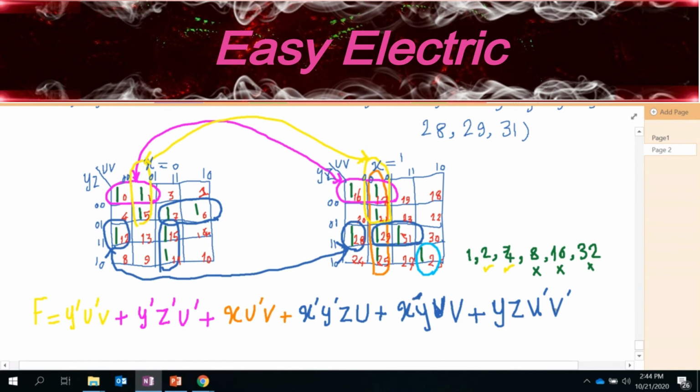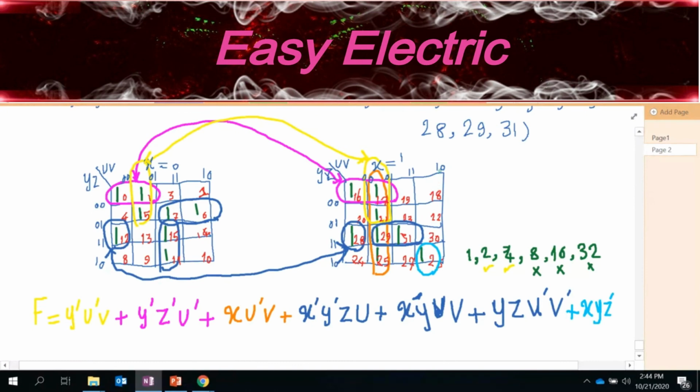And what else is left? Yeah, this blue one is left, right? Go to the right, it is 1, which is just this group of 1, so it should be plus. X is 1, so you will have x, no prime. How about yz? Y is 1, z is 0, so you should have y, z prime.